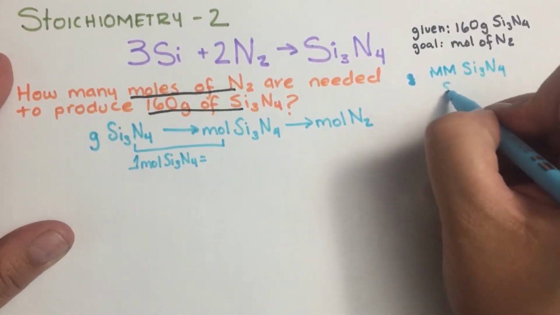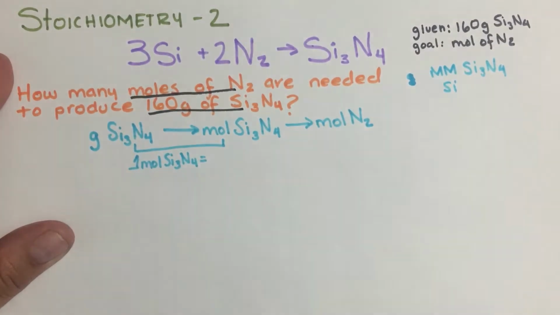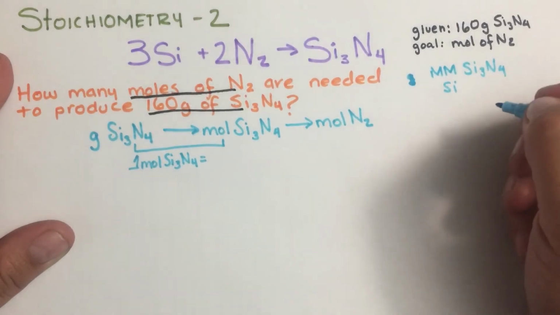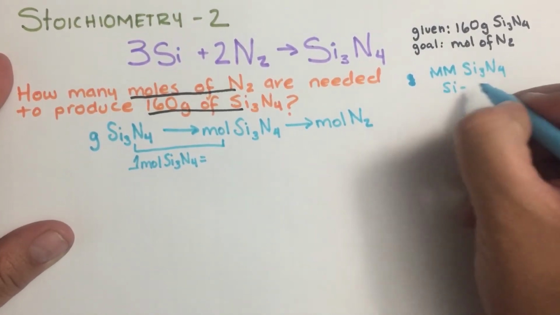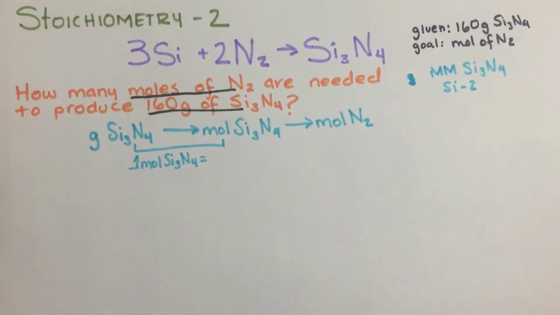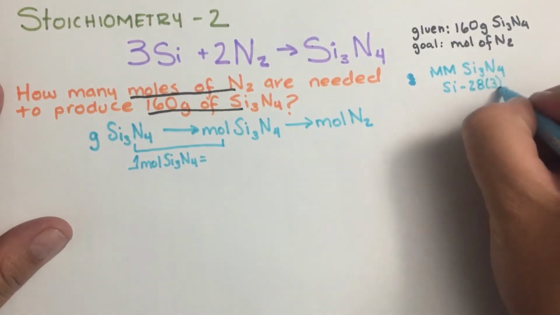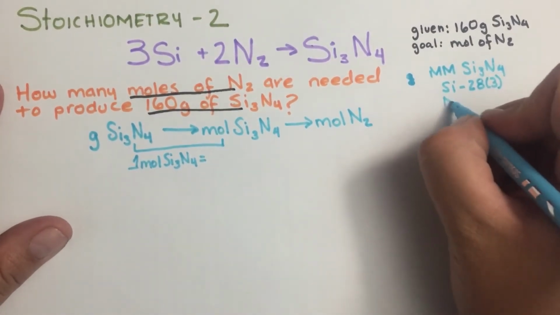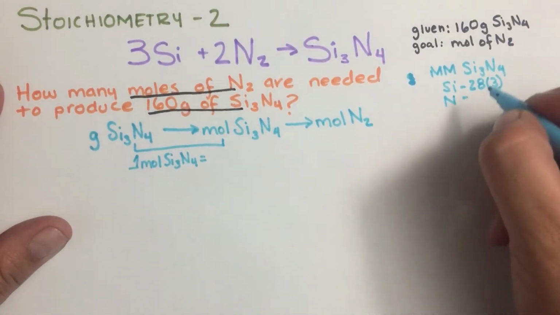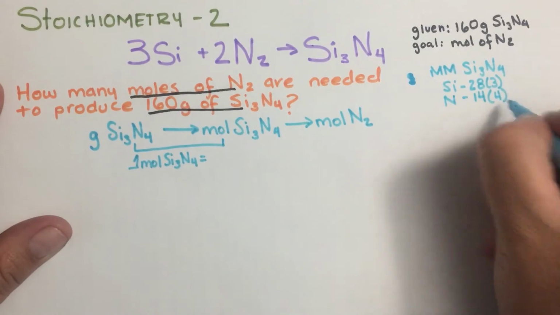How do we know that? Si, you go to your periodic table and you check, and it is about 25. Let me double check if it's actually 25. 28, it's actually 28 times 3. Then you have nitrogen, which is 14, and then you have 4 of those.